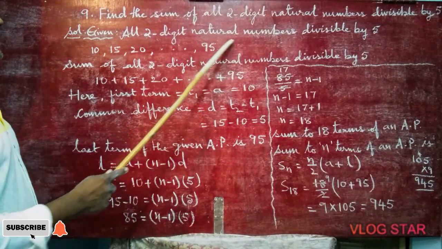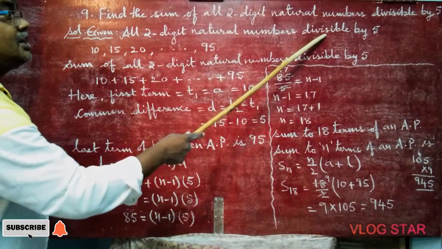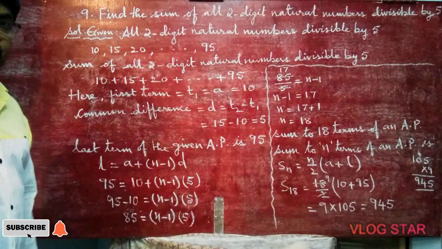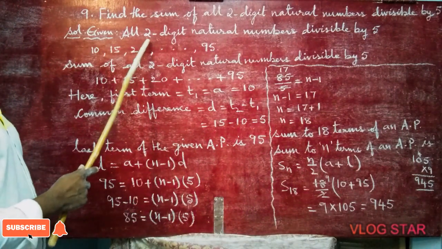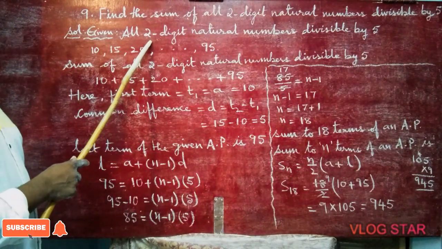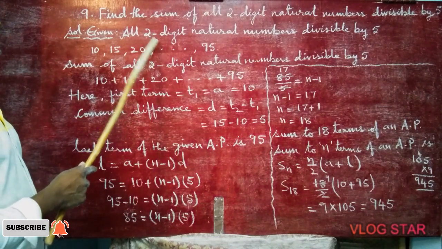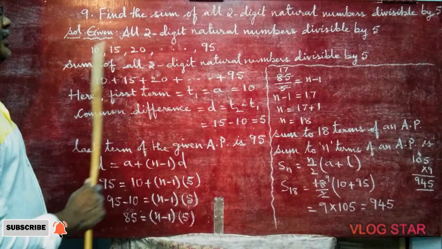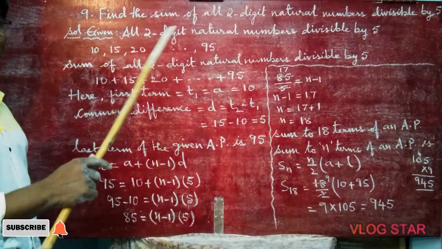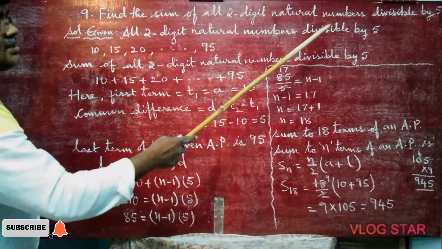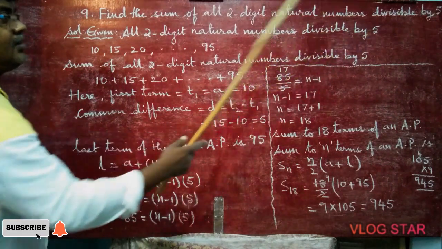But here they have given a condition: those numbers which are divisible by 5, those we have to select. In first and second classes we learned the smallest and greatest 2-digit numbers, 10 to 99. But among these 2-digit numbers we have to select those divisible by 5.